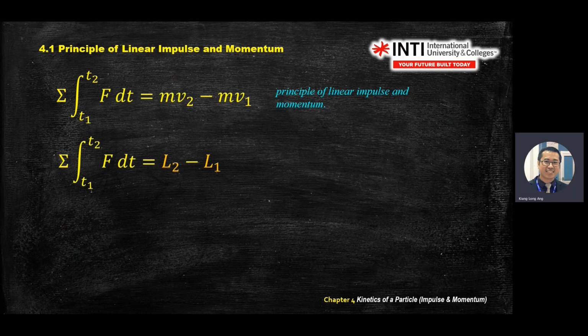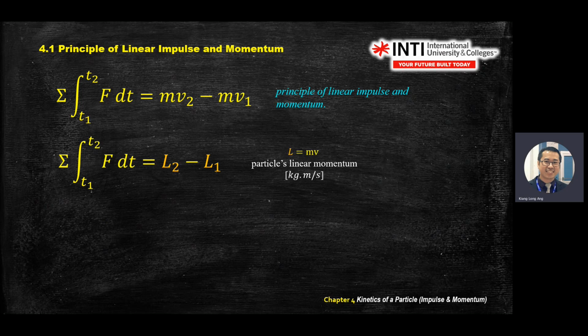Okay, so we will replace momentum with a capital L to represent momentum, just so we don't repeat the same thing. On the slide here, you see impulse equal to L2 minus L1.